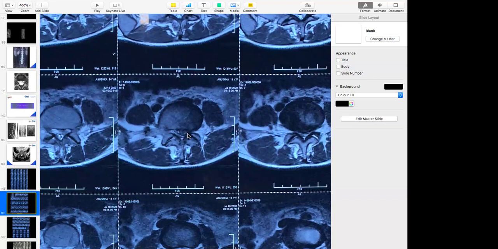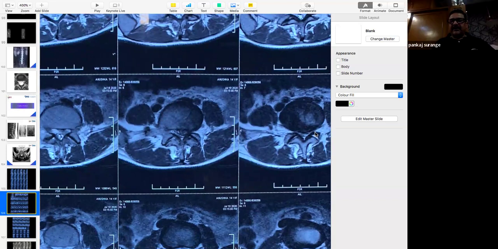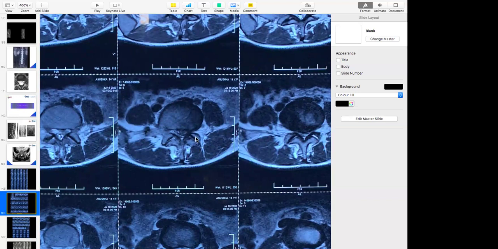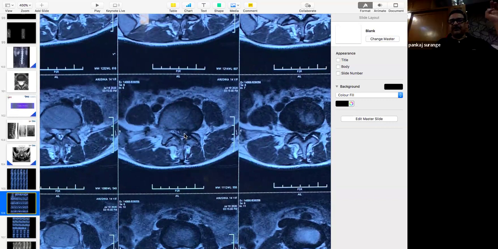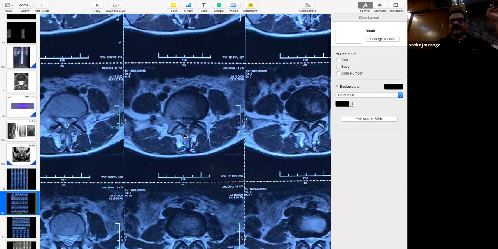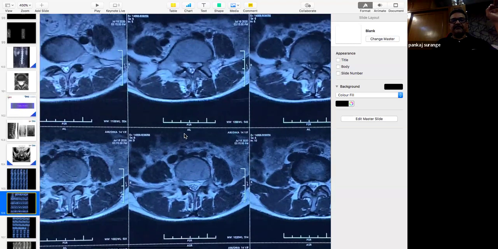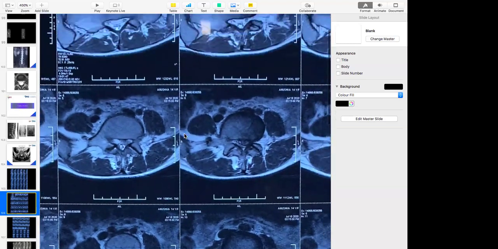But the foramen is clear. That's why when we took a section from here, we saw the foramen was clear. That means the exiting root was clear. So which root is compressed here? The traversing roots. Understood?